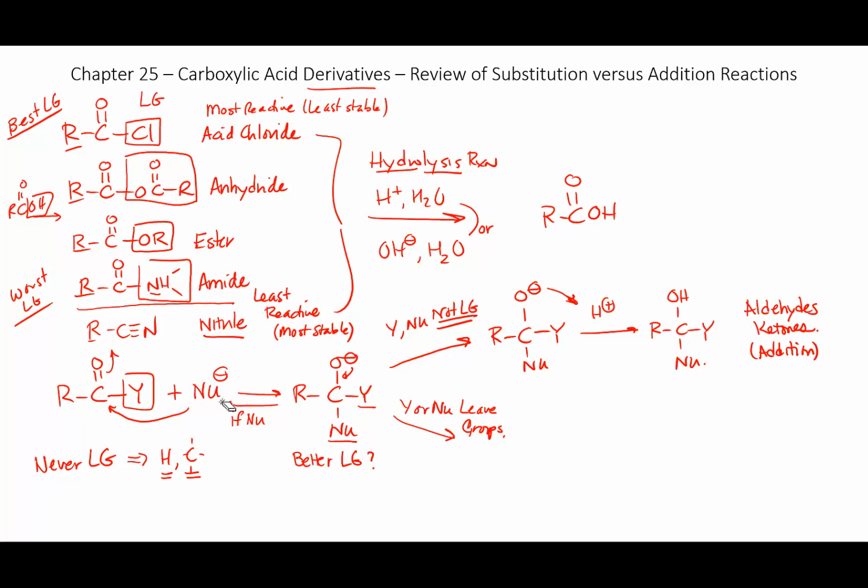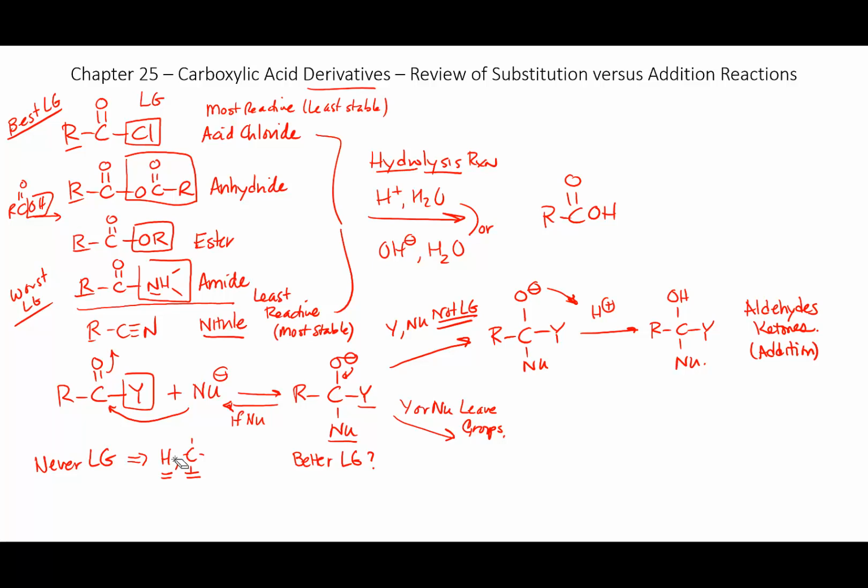We go right back to the beginning. Equilibrium. Okay. Well, where did we see equilibrium reactions? We've seen equilibrium reactions with hydrates, acetals, ketals, primarily because the Y group ain't leaving, because it's an alkyl or a hydrogen in the case of the aldehydes.